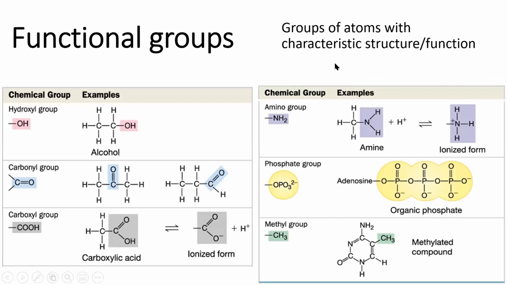The different types of functional groups that you can have are the hydroxyl group, which is the OH, the carbonyl group, which creates the aldehyde groups, the carboxyl group, which creates the carboxylic acid, the amino group, which creates the amine, phosphate group, which creates the phosphate molecule, and then you have the addition of phosphate molecules, for example, adenosine 1,2,3 triphosphate, otherwise known as ATP, and finally methyl groups, which are very, very important for the nucleotides when we talk about DNA and RNA.